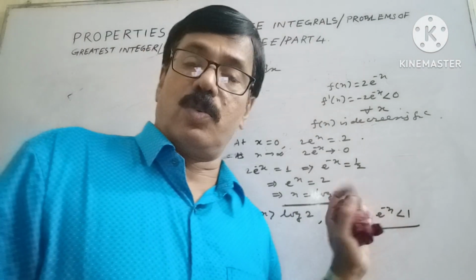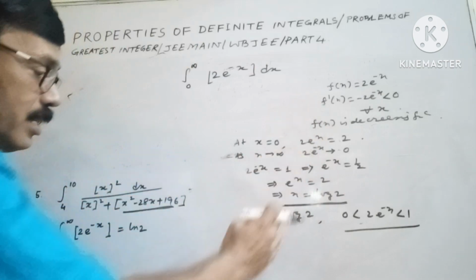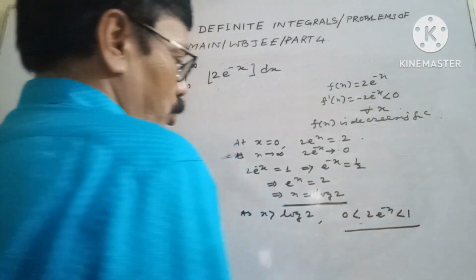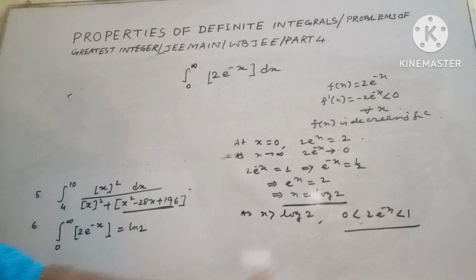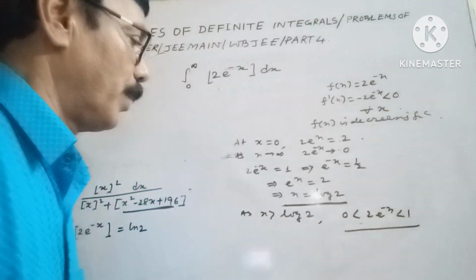At x equals log 2, it is 1. Since it is a decreasing function, for x greater than log 2, it is between 0 and 1.